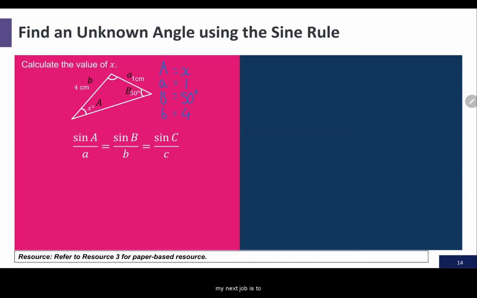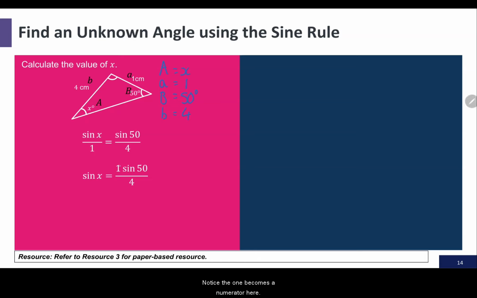My next job is to substitute those values into the formula. And there we go. The first step is I'm going to multiply both sides by 1. Notice the 1 becomes a numerator here.